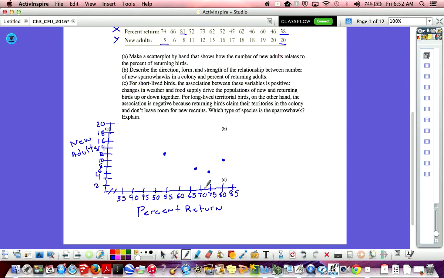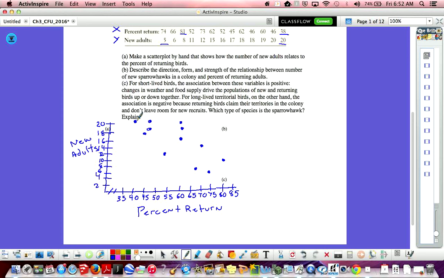And 73 and 12, 62 and 15, and 45 and 17, 62 and 18, 46 and 18, 60 and 19, and 46 and 20, and 38 and 20.